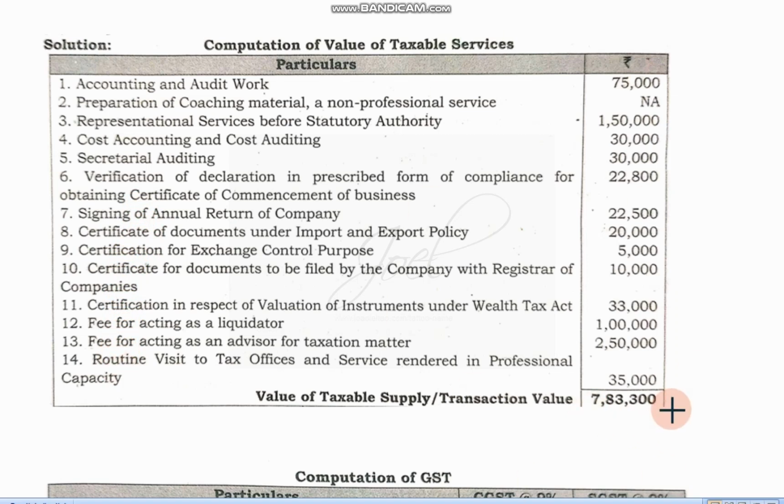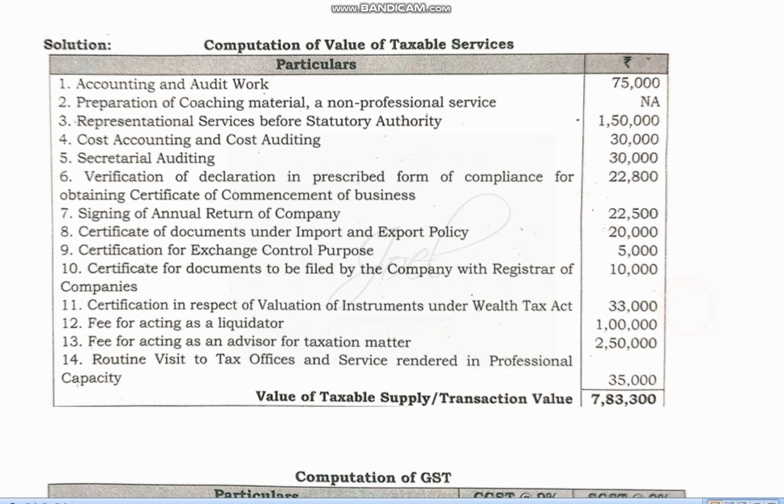We have added and we will arrive at a value of 7,83,300. Remember one thing, a non-professional service we are not going to consider. We will arrive at a final value of 7,83,000 and that will be my transaction value. So 7,83,000 will be our transaction value on which tax will be calculated.